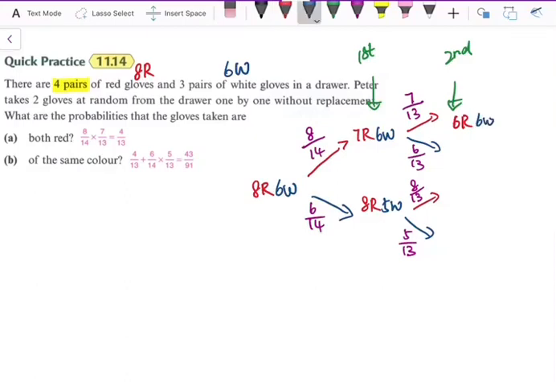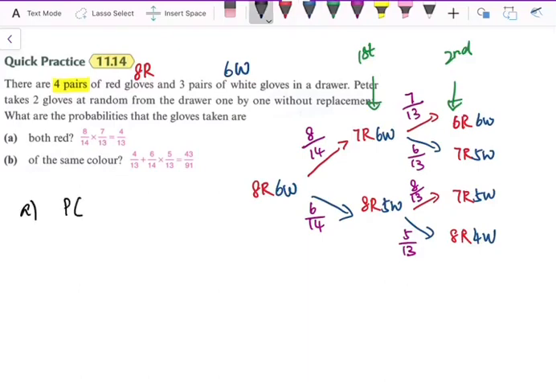If you take out the white one, you will have 7 reds and only 5 whites. According to the same skill, you just keep writing down. If you take out the reds, 7 reds then 5 whites, then the next one will become 8 reds, 4 whites. Write down all the combinations after 2 draws.